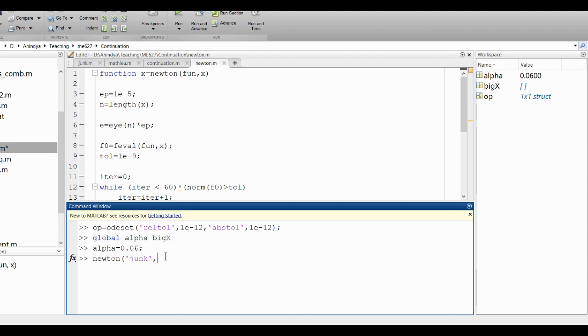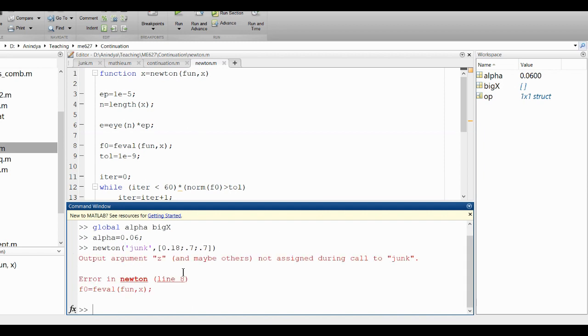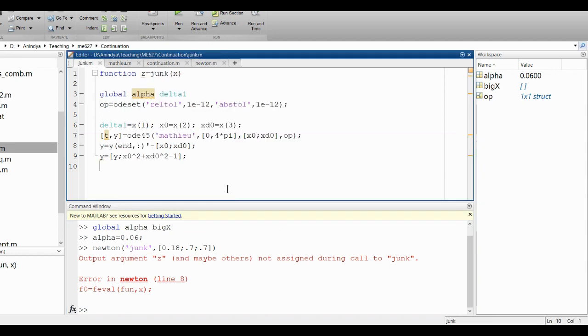And then let's come here and let us try 0.18 and then 0.7 and 0.7. I have no idea what I'm doing, but we will see. Z has to be assigned, so Z needs to be assigned.